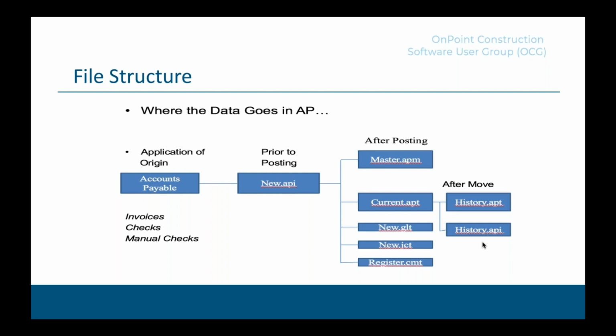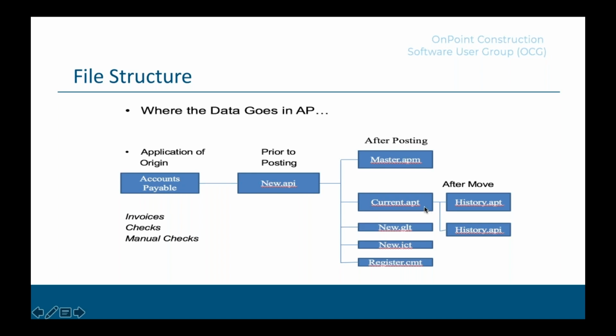But now when we go to AP, we have accounts payable as the application of origin, with invoices, checks, and manual checks. Prior to posting, they sit in the new accounts payable invoice file. After posting, it'll update the master.apm, the accounts payable master file, and the transaction goes to the current.apt.